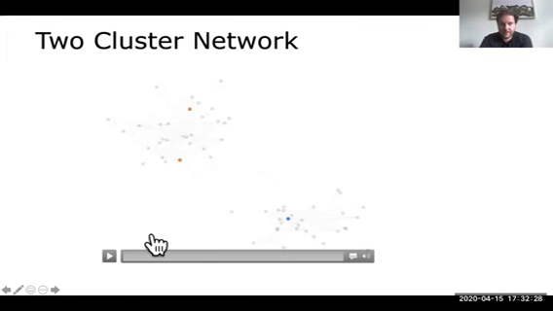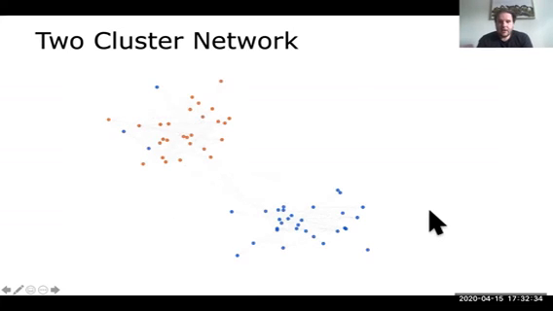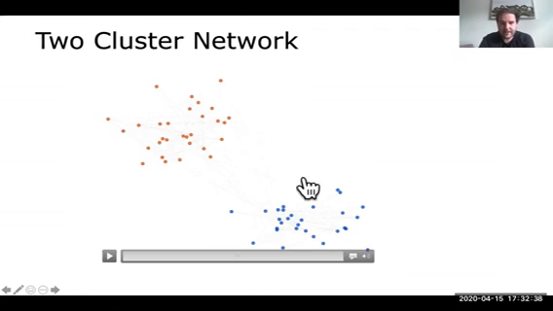Here I have a simple animation which shows the convergence of the algorithm, the evolution of the predicted labels, as the number of iterations increases. For this clustered network, we obtain a rather rapid convergence to the true model. In this case, the true underlying model was clustered, so constant over each cluster.